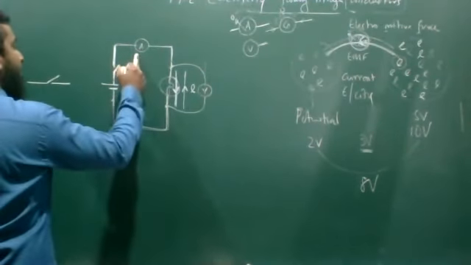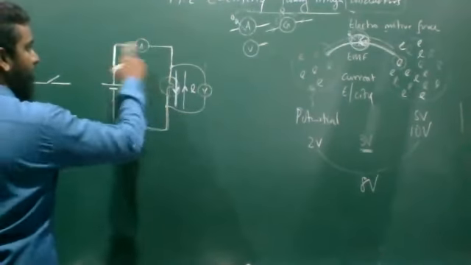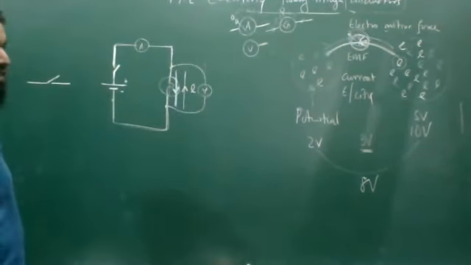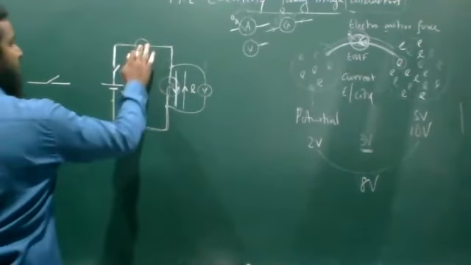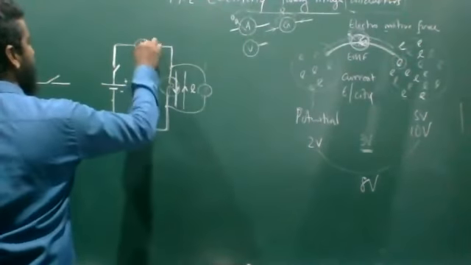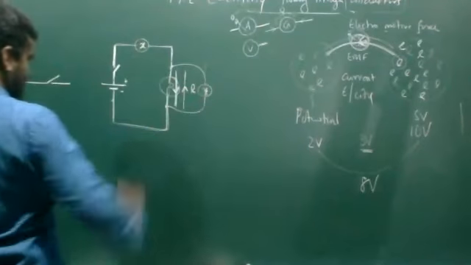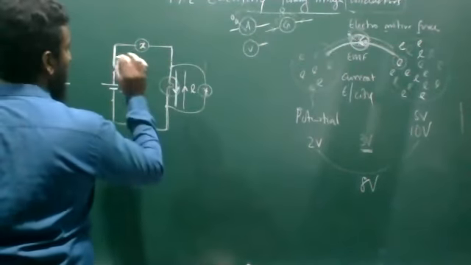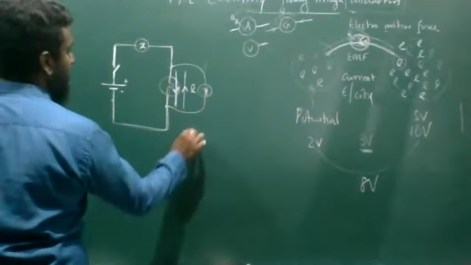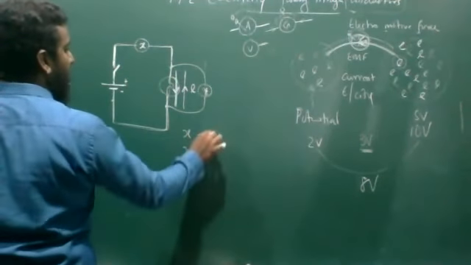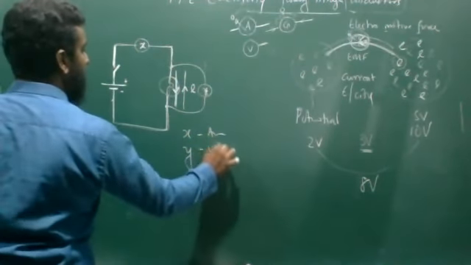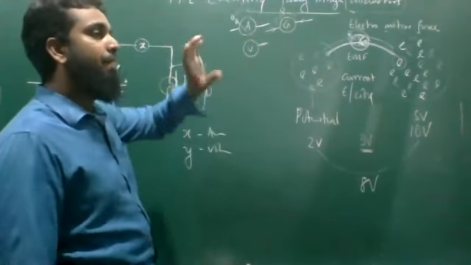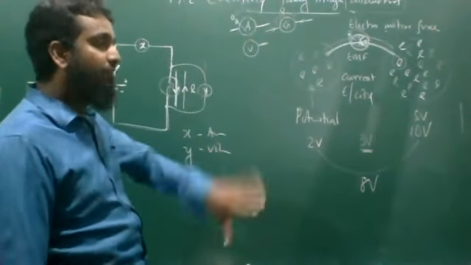The ammeter is connected in series with the circuit. The voltmeter is connected in parallel to the circuit. If in a question this has been given as X and this as Y, and they ask you to write what X and Y are, you have to say this is the ammeter and this is the voltmeter. The use of the voltmeter is measuring the potential difference.